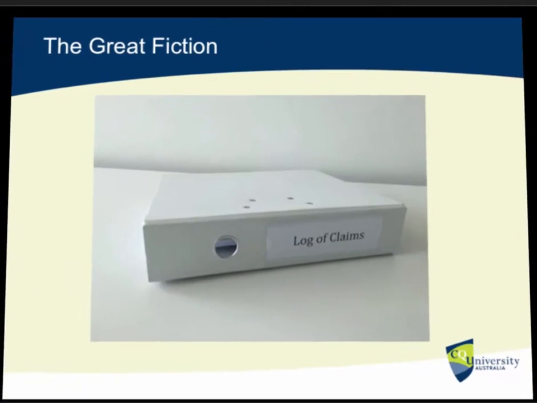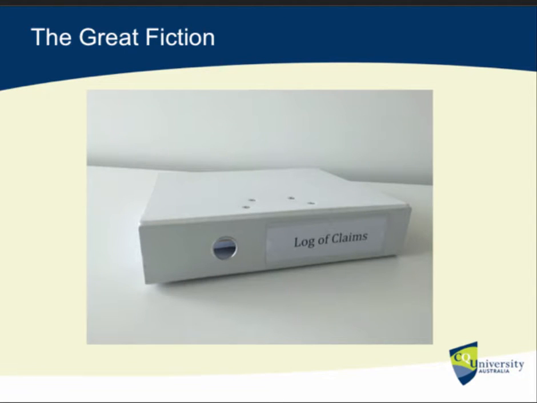Now, there was for many years a great fiction, and the fiction was this. Under Section 51(35), the Commonwealth could make laws with respect to conciliation and arbitration and prevent and settle interstate industrial disputes. And the fiction was that employees and employee organisations, trade unions, etc., would come up with a log of claims which would create an interstate dispute.